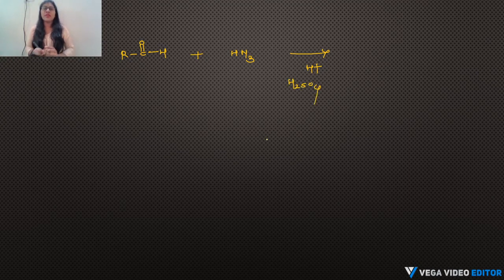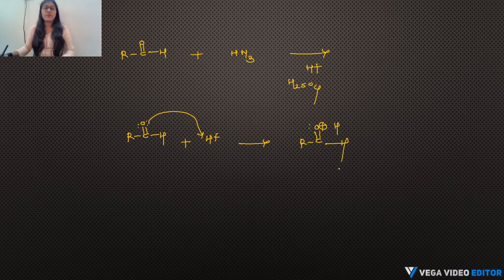Now we can see the aldehyde. If we take an aldehyde, then what is the mechanism? The reaction takes place in presence of hydrazoic acid and in presence of acid. The acid is H2SO4. What is the product? The lone pair of oxygen attacks the acid proton, and we get this product.